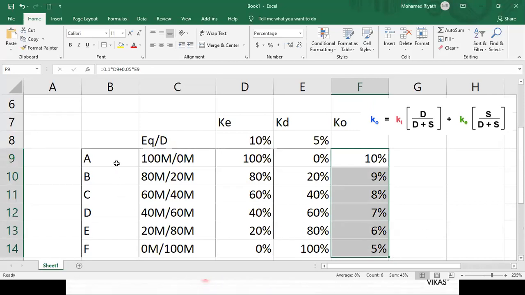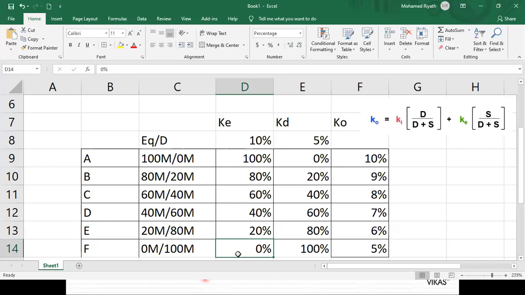Here you observe, at this point equity is high, in total equity, point A. At point F, equity equals how much? Percentage of equity, point F. You can unmute your mic and tell the answer.